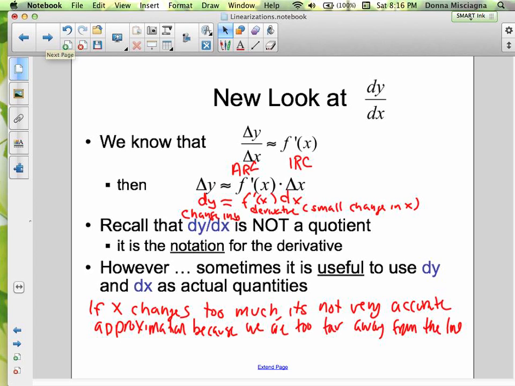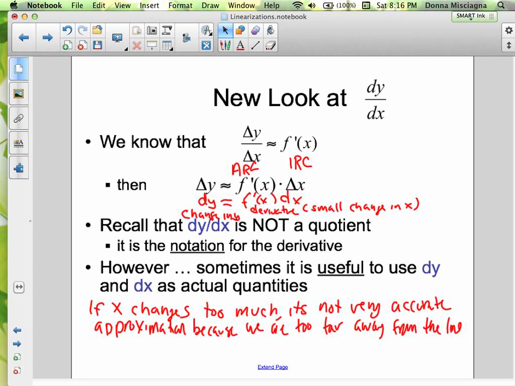Change in y, delta y, over delta x, change in x, is approximately f prime of x. What if we multiplied both sides by the change in x? Notice we'd have change in y, which is dy, is equal to f prime of x times change in x. In other words, a change in y is equal to the derivative times a small change in x.